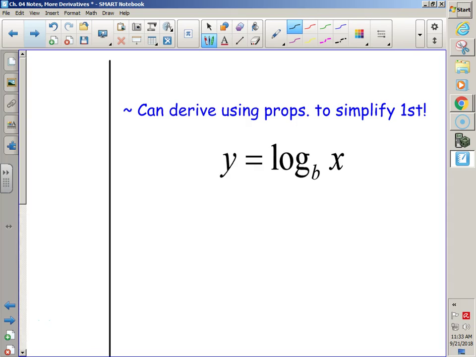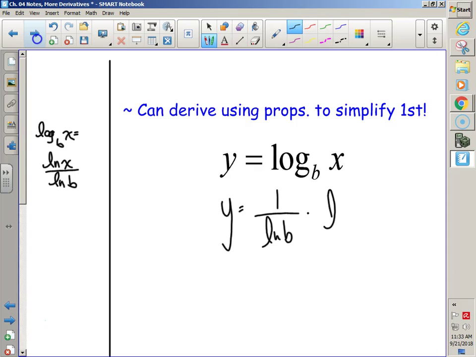So we could use other properties from pre-cal, like log base b of x, using the change of base formula, is ln of x over ln of b. So we could change the form of this entirely to y equals ln of x over ln of b.